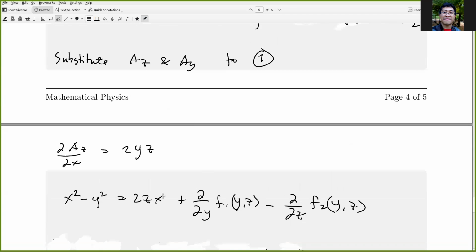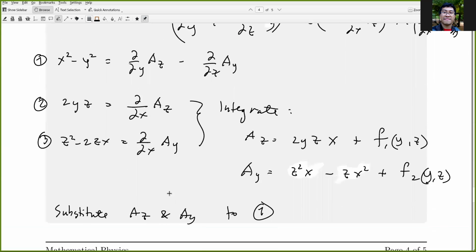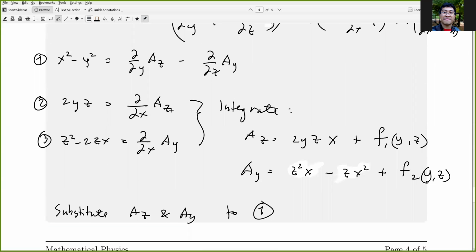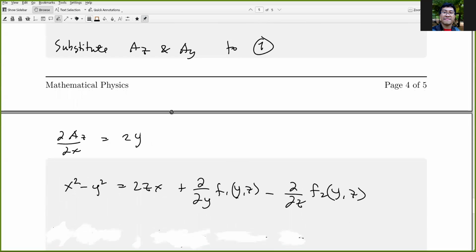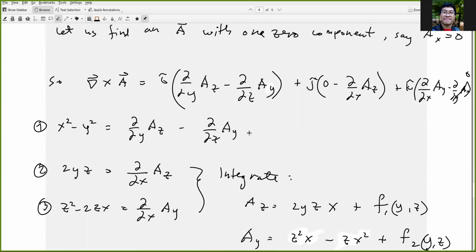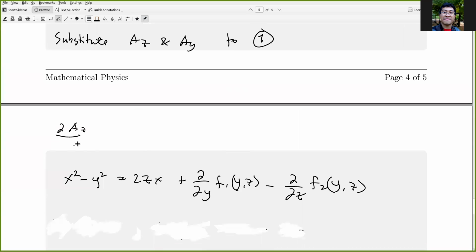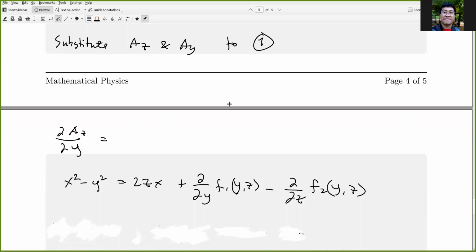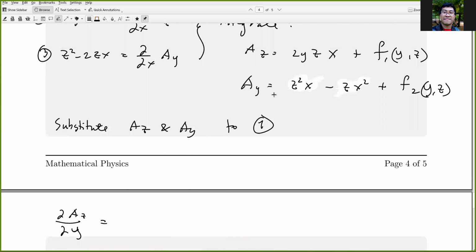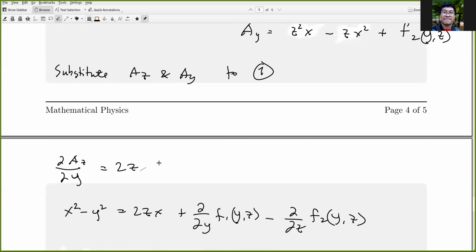I even missed something here. Okay, we want to use equation 1: partial of AZ with respect to y. Partial of AZ with respect to y, that's 2zx.